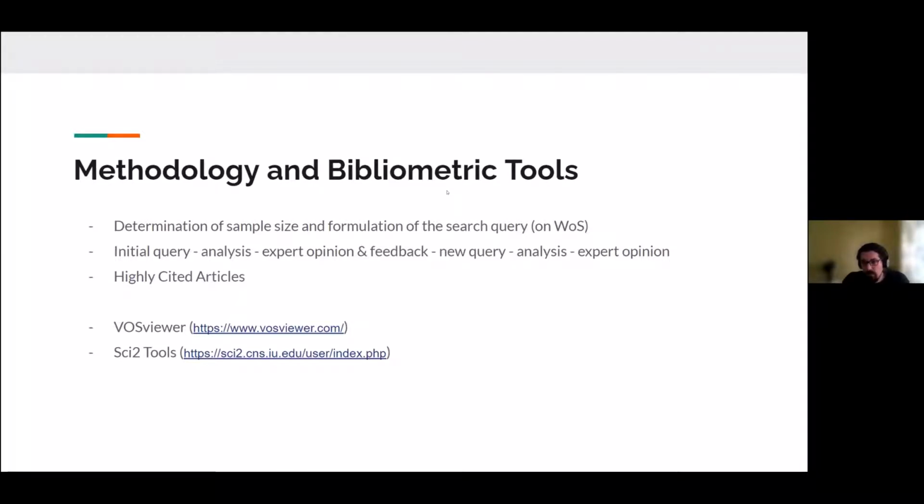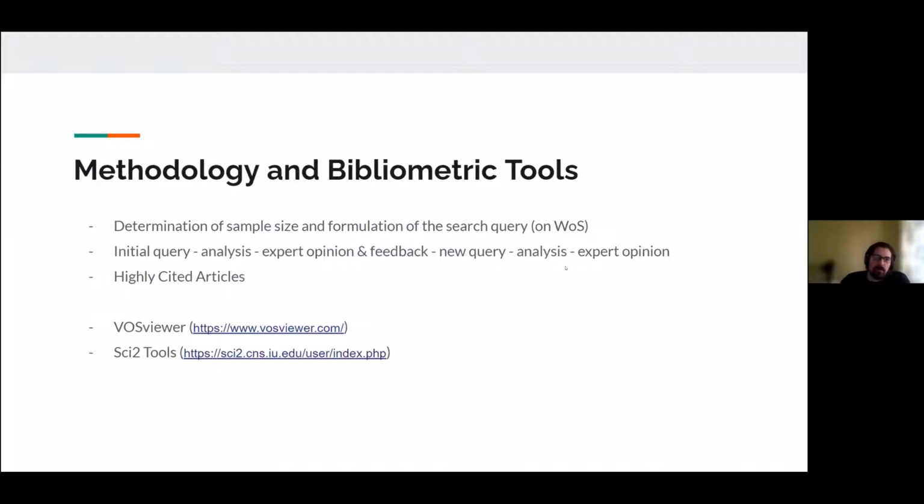But the good part of this kind of research is that it is actually not the analysis part, but the data gathering part that is really reproducible and replicable. So you can, by using our queries, go to Web of Science, go to Scopus, and repeat this entire work by yourself.